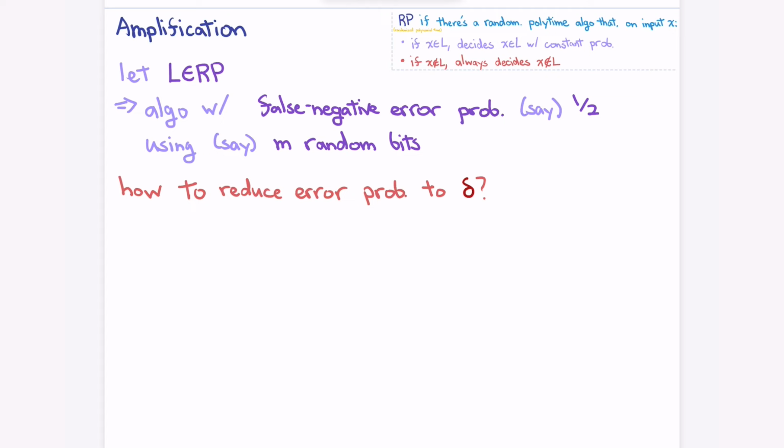Same thing for BPP. Suppose I have something that has error probability 1/3 on both sides, and I want to get it down to delta. How would I do that?